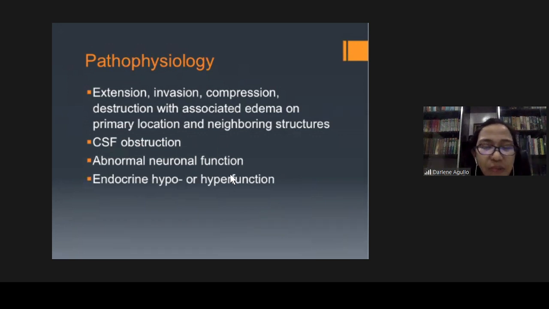There is obstruction of CSF outflow leading to hydrocephalus and of course increased ICP. You will see also abnormal neuronal functions such as loss of function, weakness, numbness, blindness, or abnormal discharge like seizures, no? And you will also see endocrine hypo or hyperfunction for endocrine tumors. So hypothalamic pituitary tumors, you will see endocrine dysfunction.